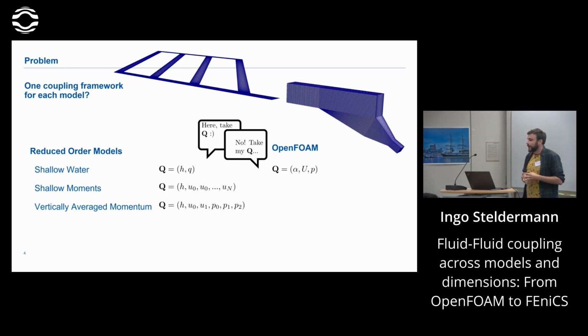It's to find a language where they all align in, and it's about their state variables, right? And state variables are the things that you compute. For OpenFOAM two-phase flow solver, we have a value alpha that you see here that encodes is there water or is there air? And then we have classical things, right? The velocity of our fluid and the pressure.